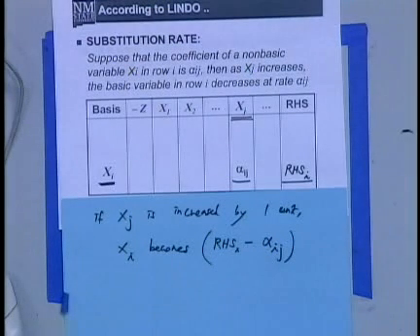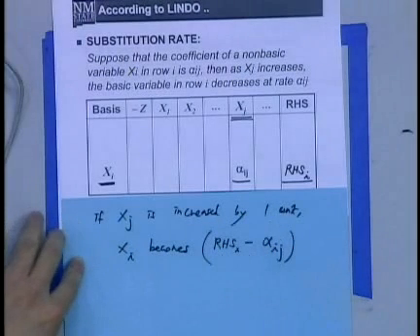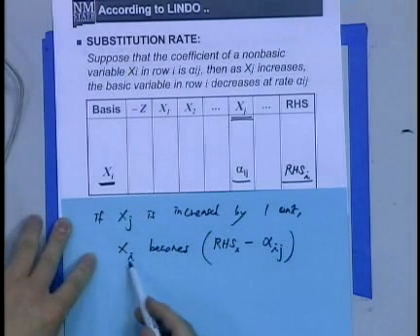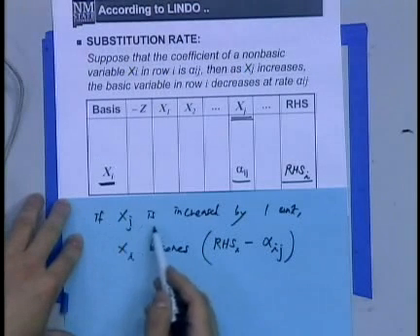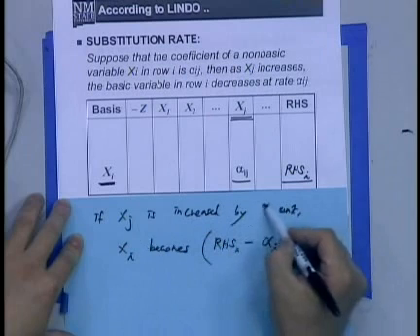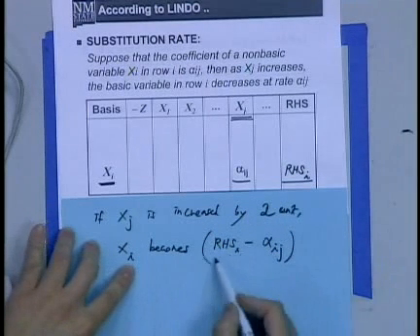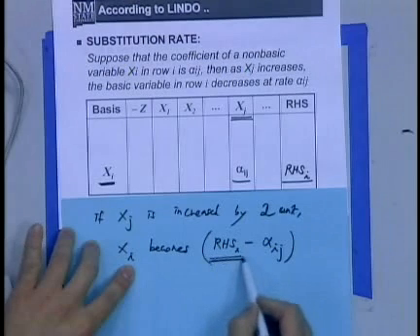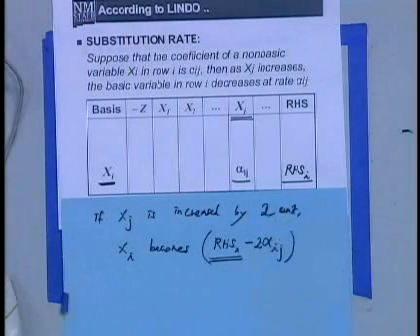What if xj is increased by 2 units? What happened to xi? If xj is increased by 2 units, then xi becomes current right-hand side value minus 2 times this substitution rate.